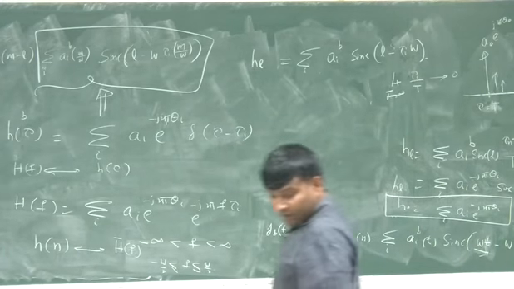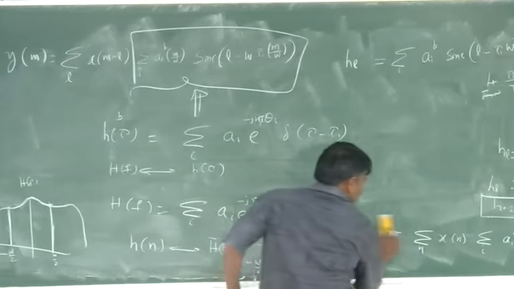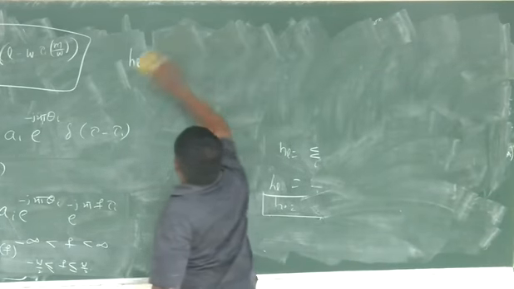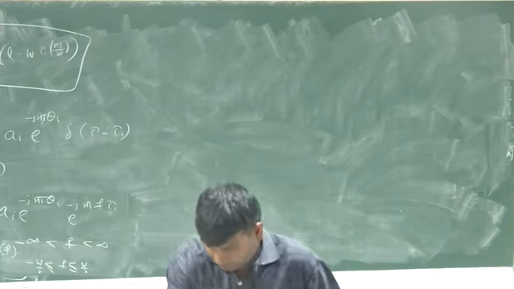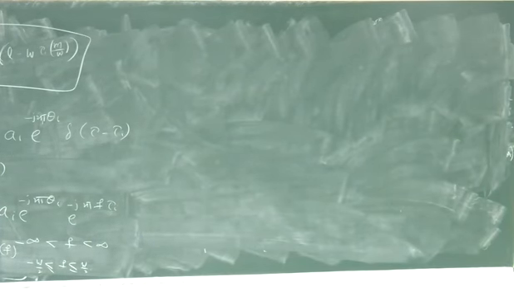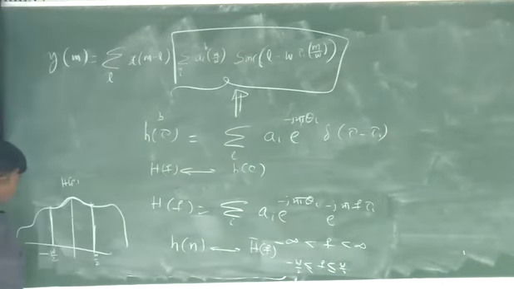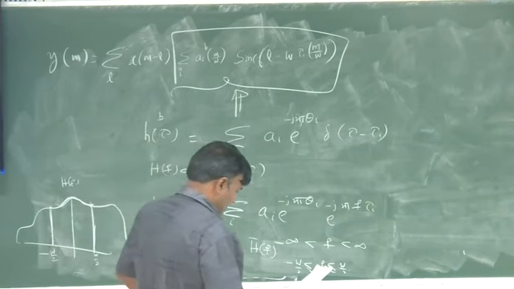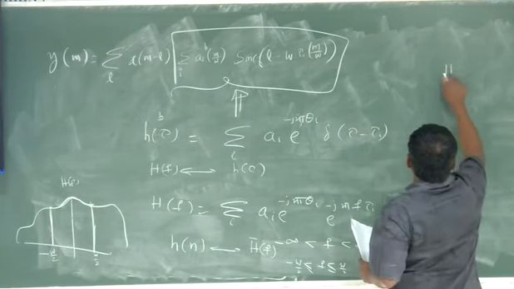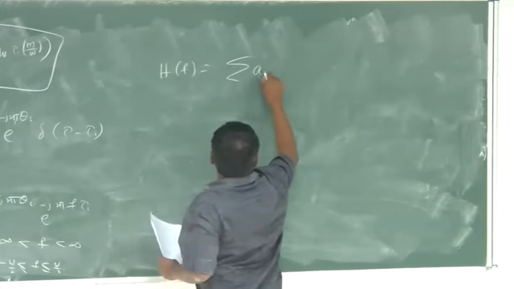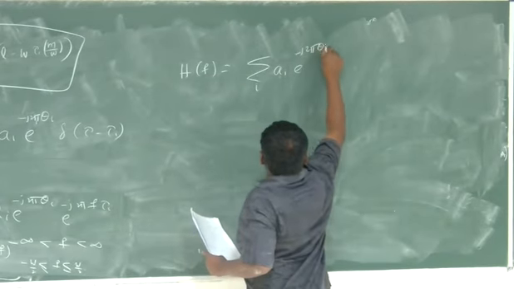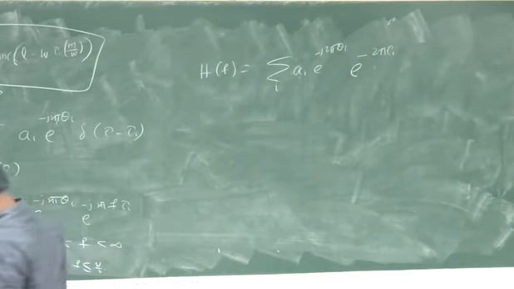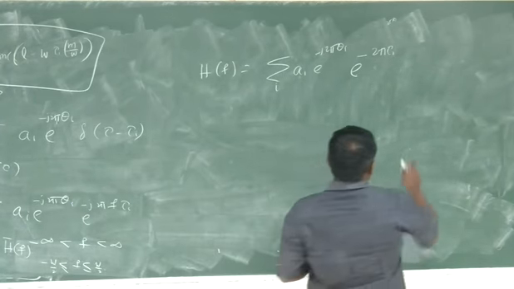What is this h bar of f? What I want to do here is take the portion of interest, and let us replace f with something.